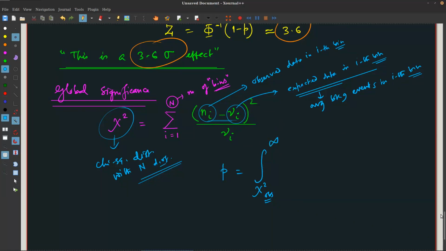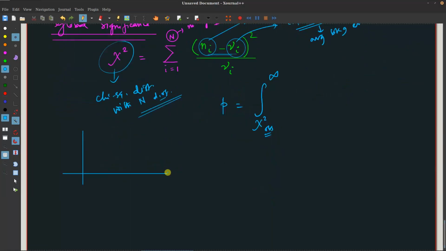Okay. So again, with N degrees of freedom, if you plot this, the plot will look something like this. I'm not drawing it correctly, like this instead. So towards the right, these are worse compatibility. If your chi-square observed is somewhere over here, you want to go to the right, because that gives worse compatibility with H0.